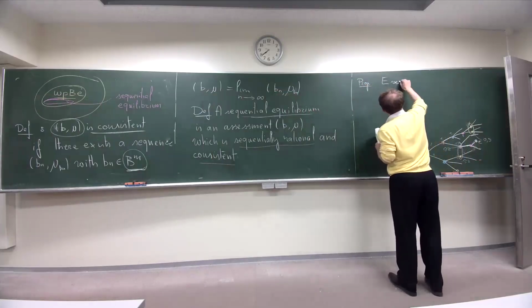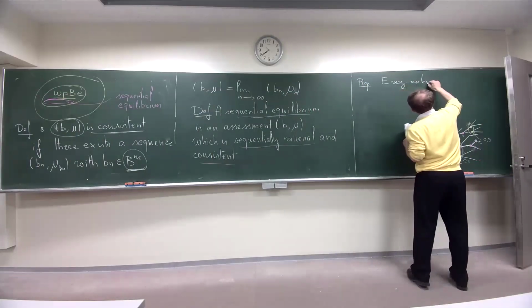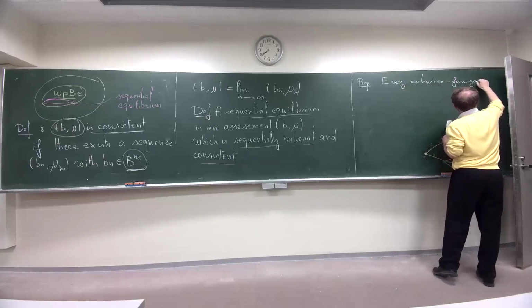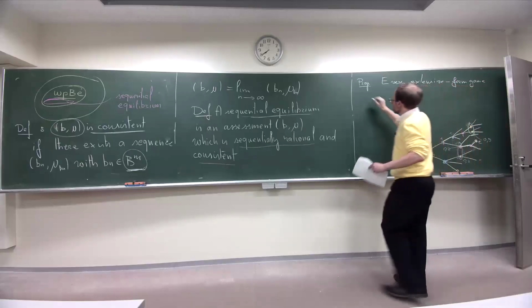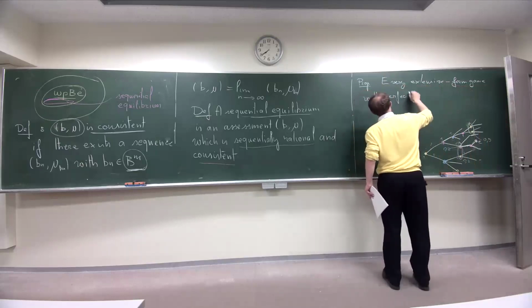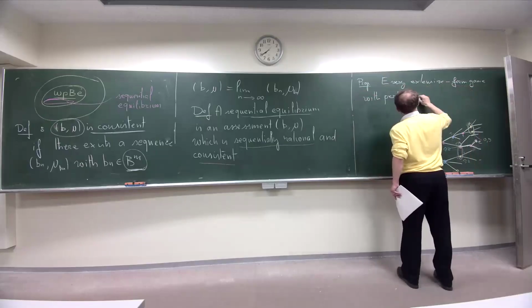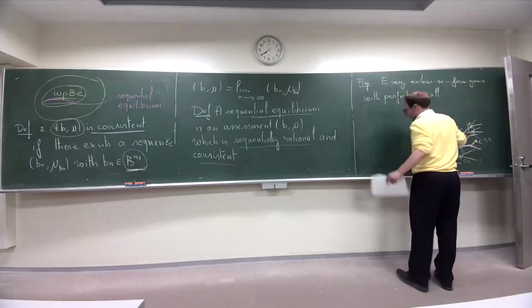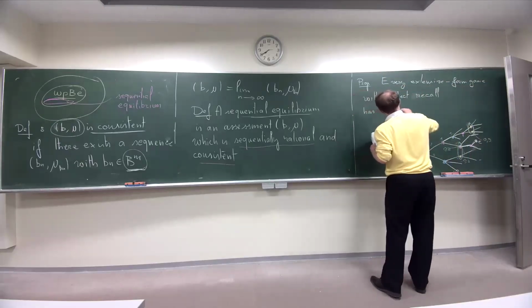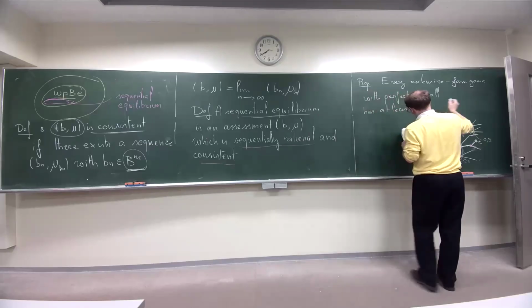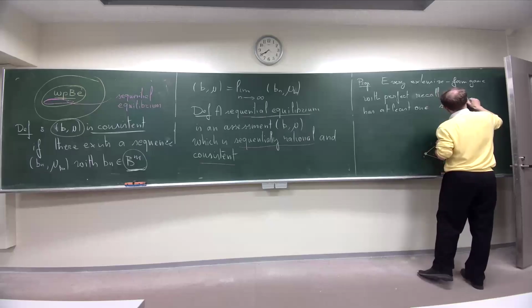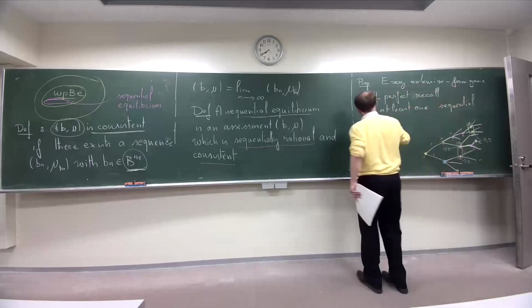Every extensive form game gamma with perfect recall, which is a minimum information requirement, has at least one sequential equilibrium.